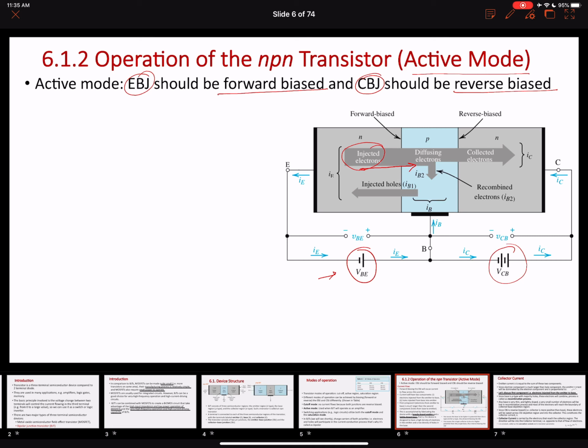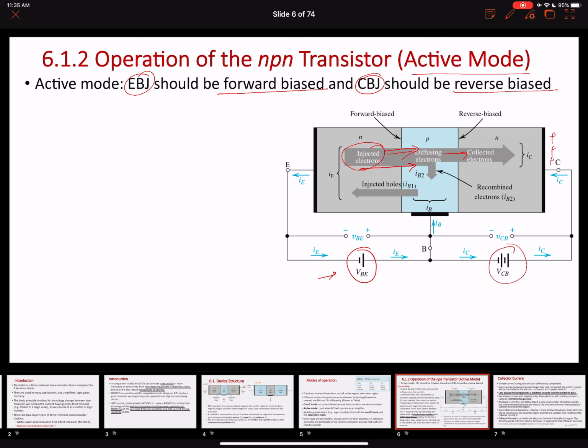But since the emitter is very heavily doped as compared to the base, the loss of these injected electrons will be very minimal, and most of the electrons injected into the p-type material, or the base, will be swept across the collector-base junction into the collector terminal, and constitute the main collector current, right?